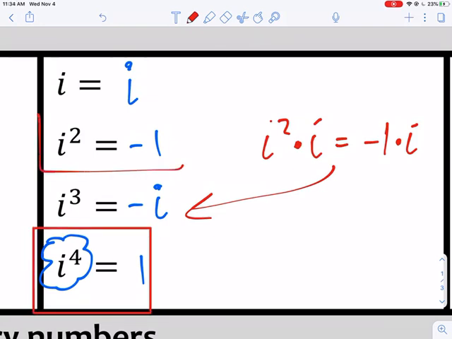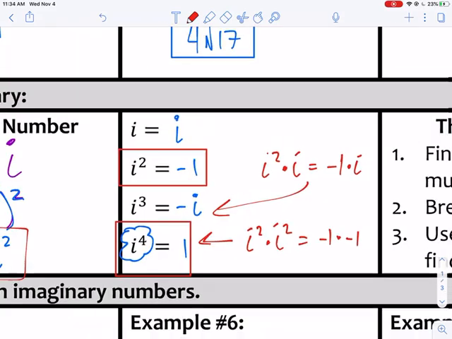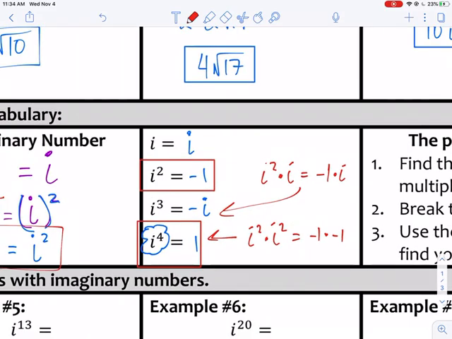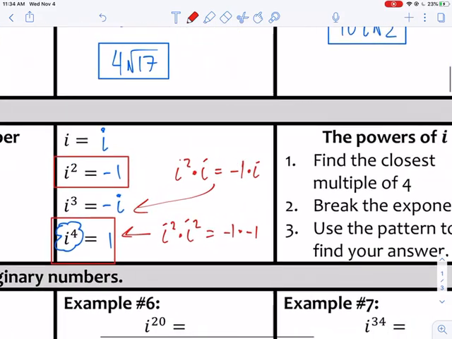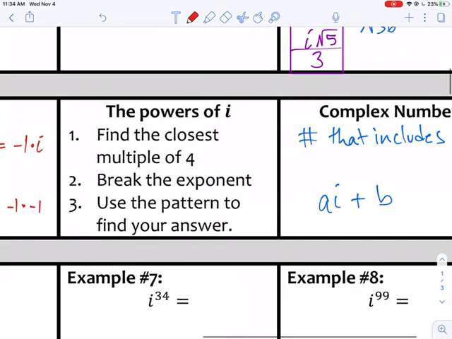So I really want you guys to make sure you have these two down, right? So if I have i squared times i squared, that's just negative 1 times negative 1. And so i to the 4th equals positive 1. That's how we get that guy. So those are our 2 huge things we're going to use in imaginary numbers. So we really got to make sure that that is memorized.